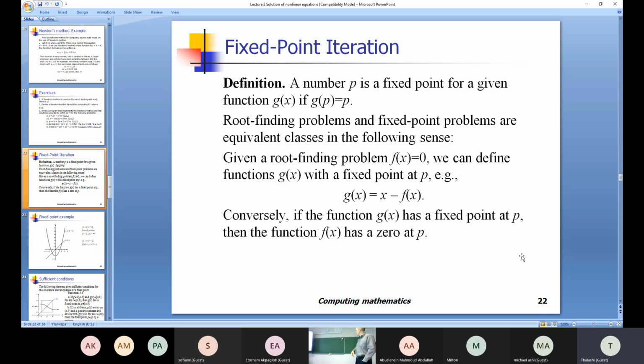According to this definition, that the g of p equals to p, or I can write g of x equals to x. G of x equals to x. In this case, the point x is called a fixed point. What is the fixed point for x squared?